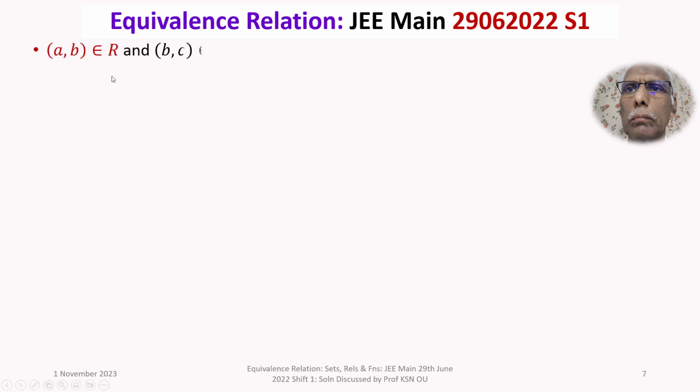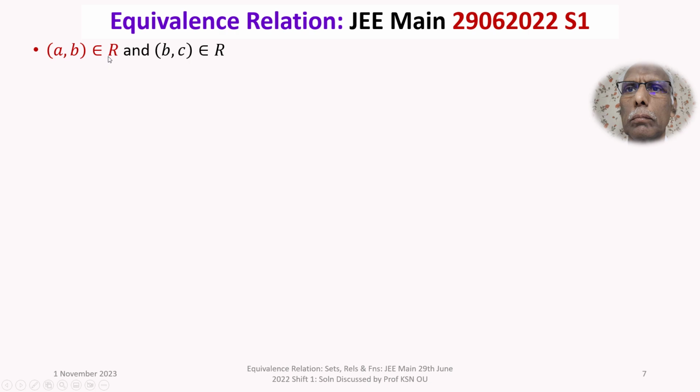So to talk about the transitivity of the relation R, we take (A, B) belongs to R and (B, C) belongs to R. If you can prove this implies (A, C) belongs to R, then R will be transitive. So let us write down the meanings of this one.